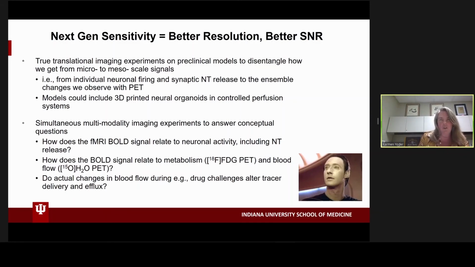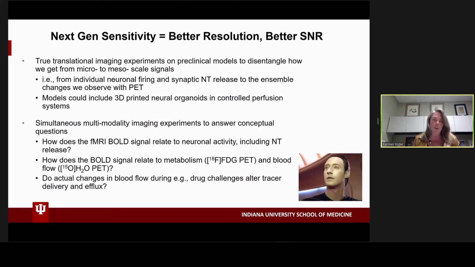How do you even try and translate that up to what you guys measure with PET on an ensemble level? Well, I think with the sensitivity of these newer generation scanners, coupled with the cutting edge technology we're seeing evolve with 3D printed organoids, I think we can really take this into a translational experimental realm and start answering these questions. How do we get from micro to mesoscale?